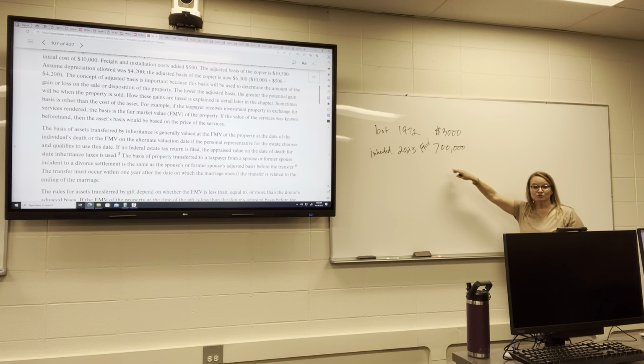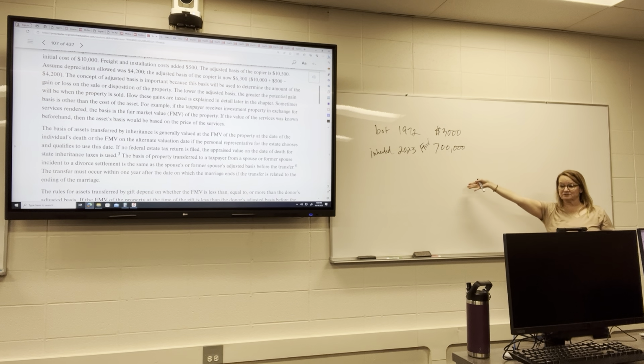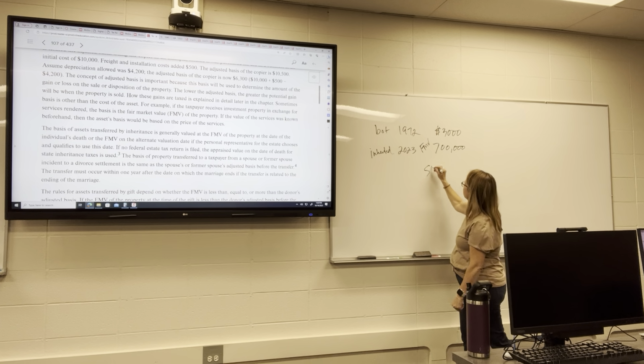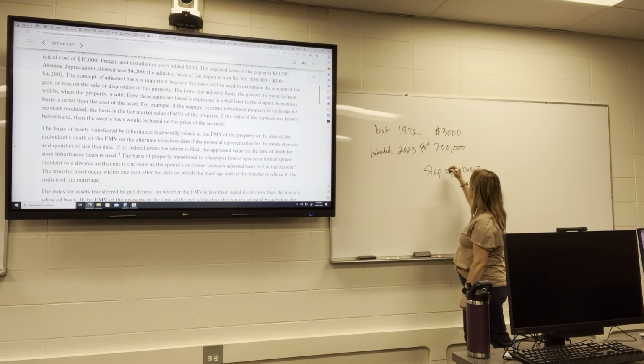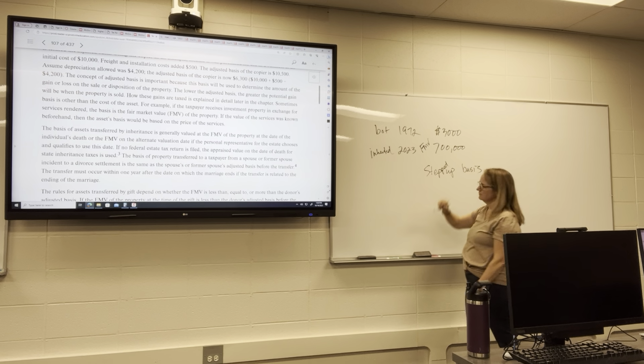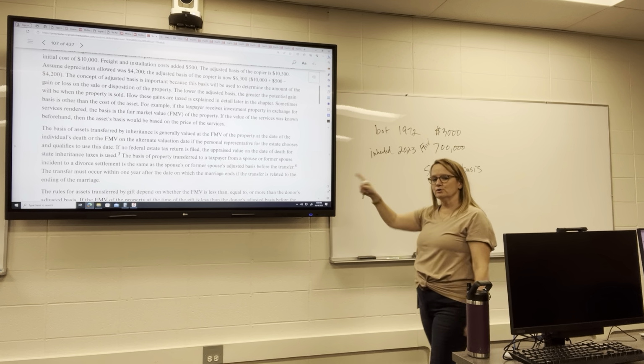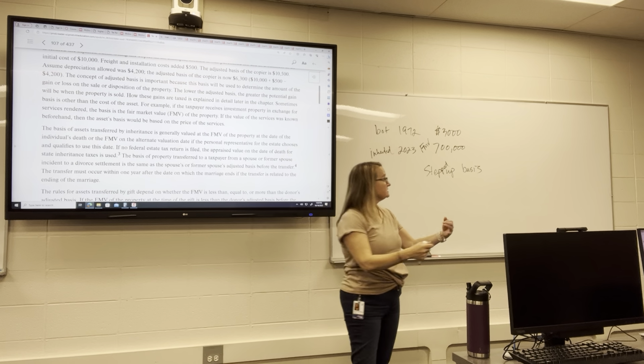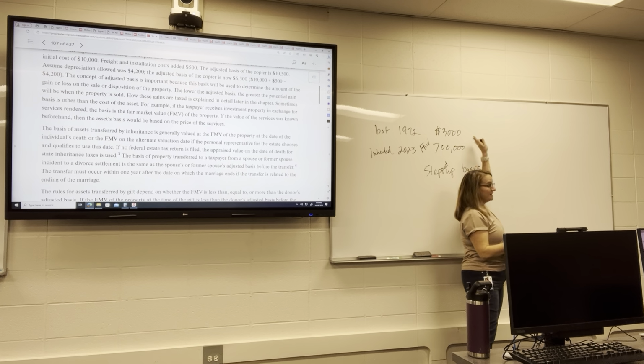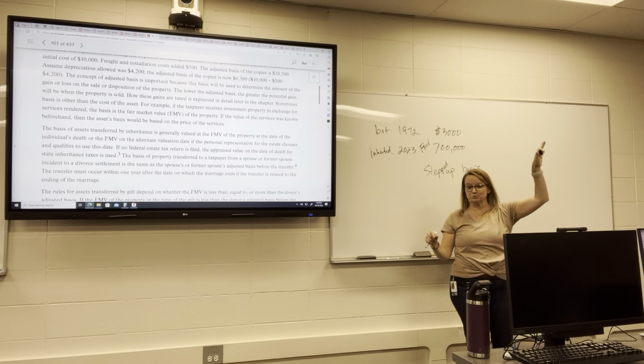But because you inherited it after she passed away, it gets what's called a step up in basis. You get to step that up, thus avoiding paying tax on that gain. It's a pretty sweet deal.